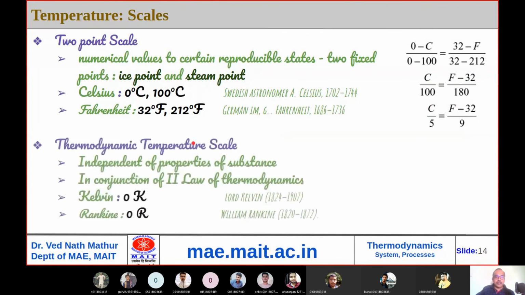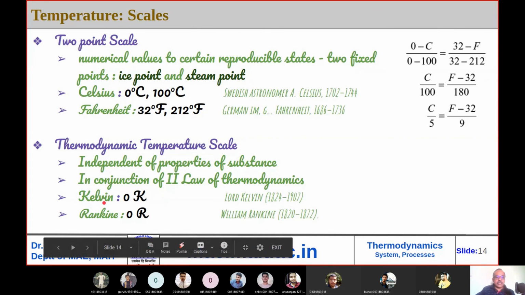Now there is something called thermodynamic temperature scale. It's independent of properties of the substance, and it is in conjunction with the second law of thermodynamics. We'll be studying about this in detail after we study the second law of thermodynamics. For now, you can just take it for granted that there is a Kelvin scale where the ice point is 0 Kelvin, and a Rankine scale, again the ice point is 0 Rankine, and they have been discovered by these scientists.